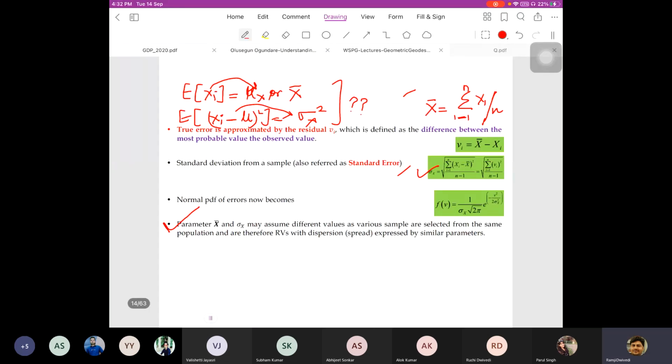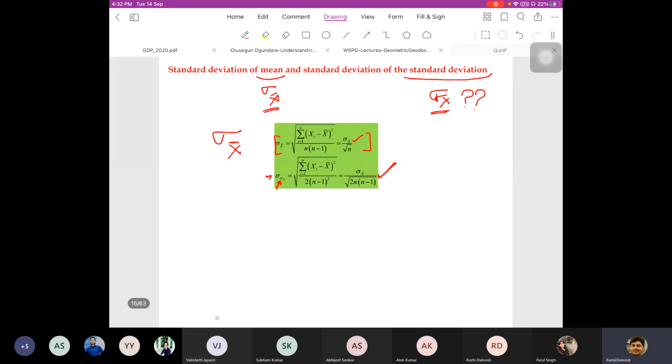When you have such set of samples, then only you would be posing this question which we are interested in, and that's why these two are the quantities which are there. Now I hope it is very much clear. That is why I'm saying that, because these are very small set of doubts which will remain if you do not follow the basics.